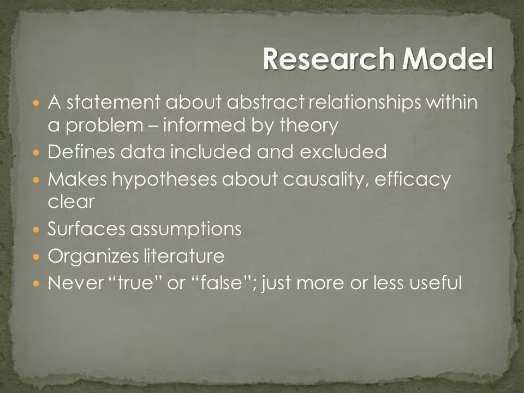The model tells us what kind of things we want to pay attention to and what kinds of things we don't want to pay attention to. The explicit hypotheses we offer form inferences about causality and the efficacy of different kinds of connections. We are hoping to be able to affect these relationships in one way or another.